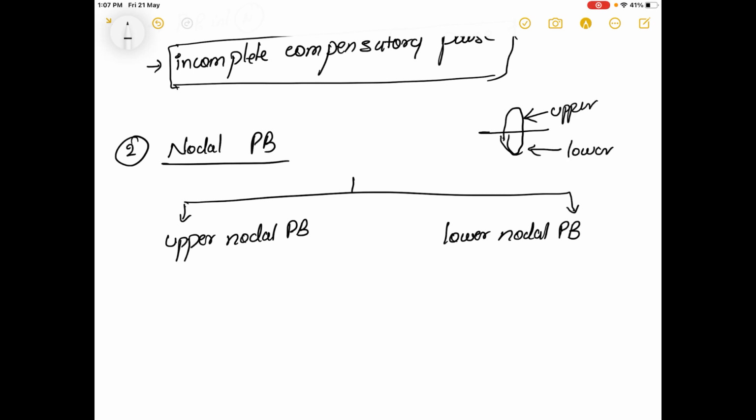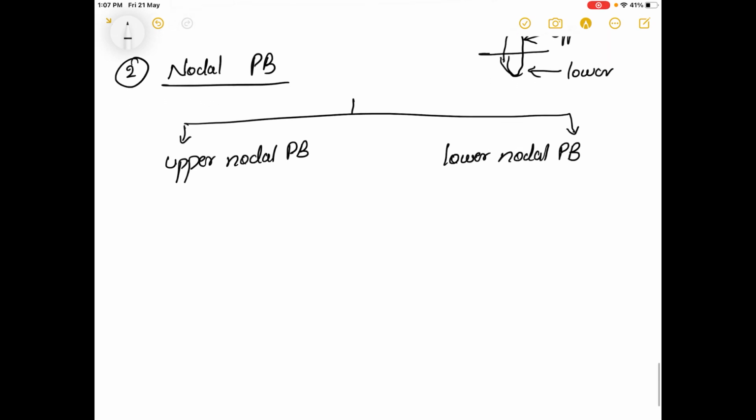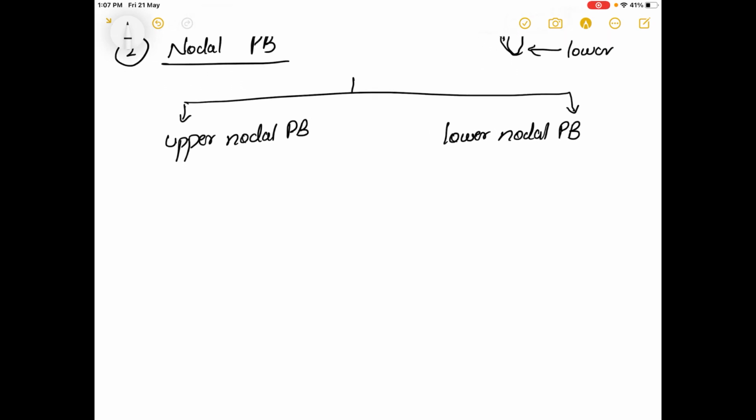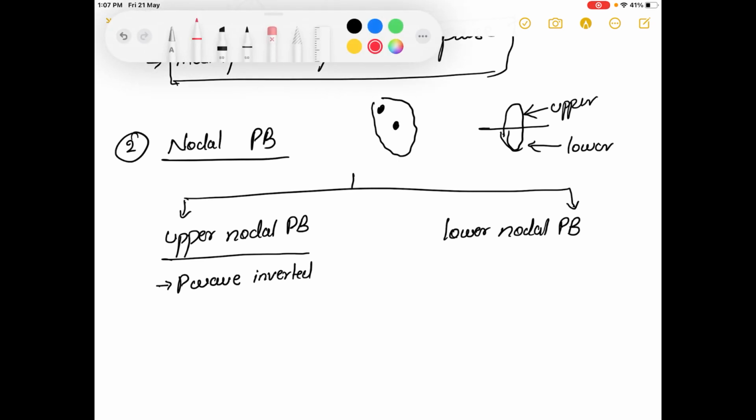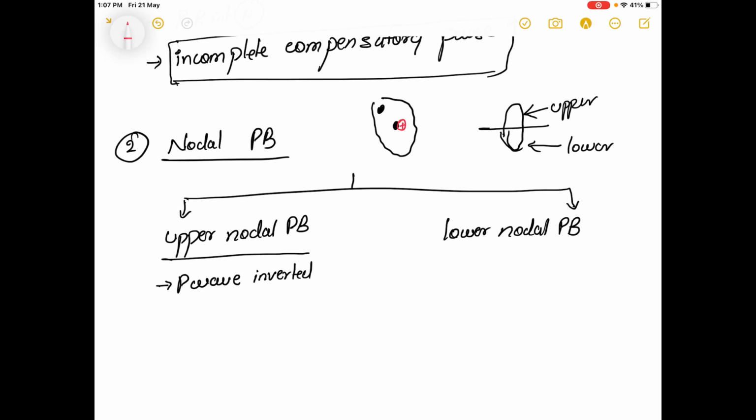In upper nodal premature beat, the P wave is inverted. Because this is the heart, this is the SA node, this is the AV node. The pacemaker or the premature beat is from the AV node here. It is going down and depolarizing the ventricle, and also going above and depolarizing the atria.